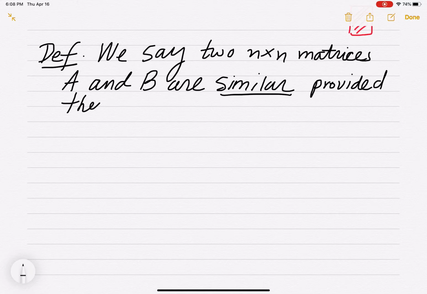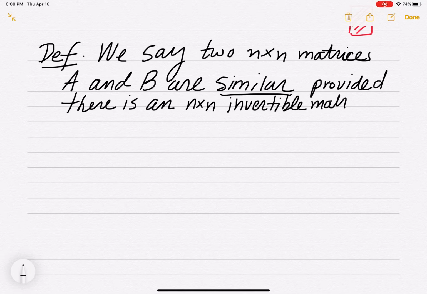There is an n by n invertible matrix P such that A equals P B P inverse. So you want to remember that equation. A is similar to B if and only if A equals P B P inverse, and this is for some invertible matrix P.